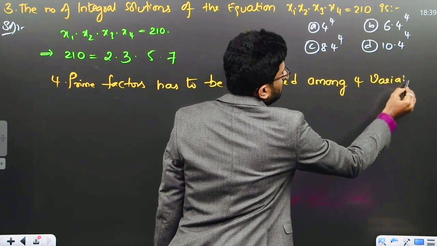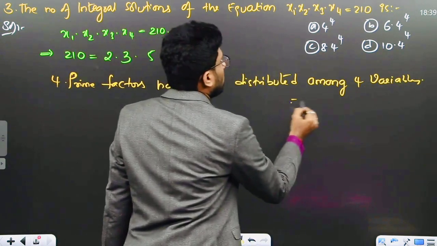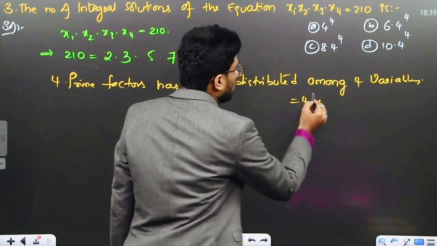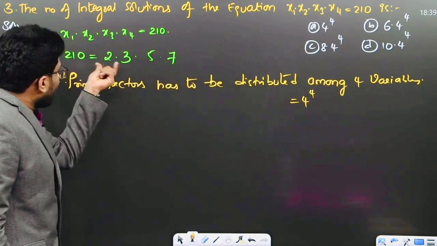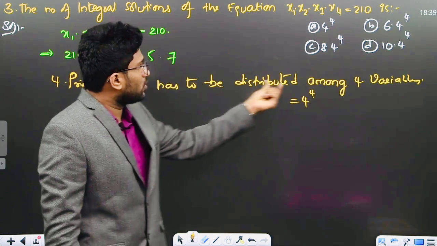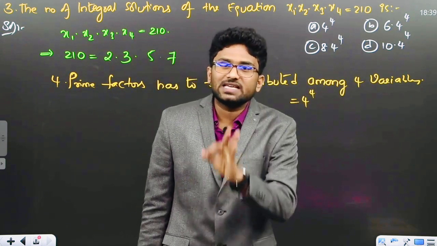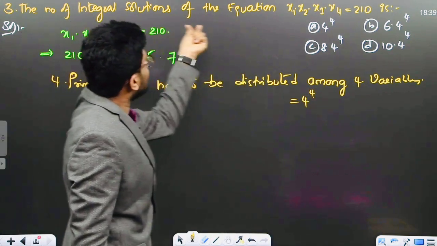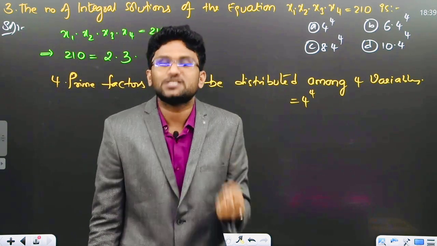How many ways do we get? 4 into 4 into 4 into 4, we get 4 raised to 4. These 4 prime factors 2, 3, 5, 7 have to be distributed among 4 variables, then we get 4 raised to 4. But the thing is, they are asking the number of integral solutions, and all of these are only positive solutions. Till now we got only positive solutions.